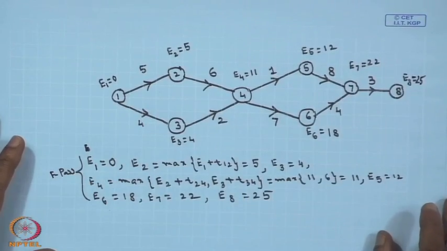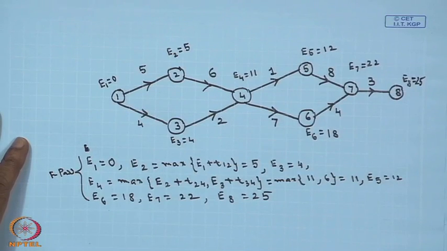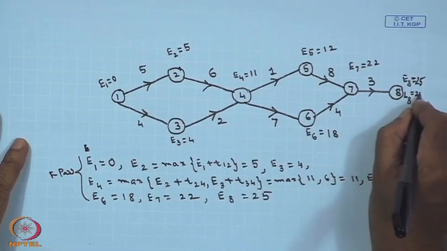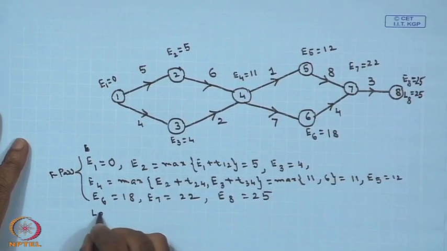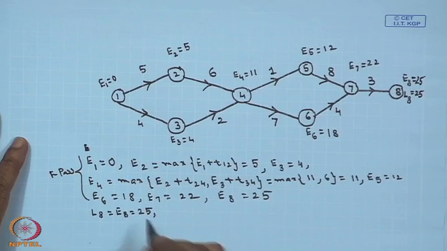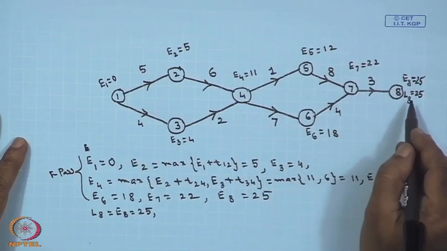So, once I obtain this by forward pass, now I have to go through the same fashion backward pass also. Your backward pass, your L8 will be 25, that is E8. So, your L8 is equals to E8, this is equals 25. So, once I have obtained L8 25, now I can calculate L7. What is your L7?